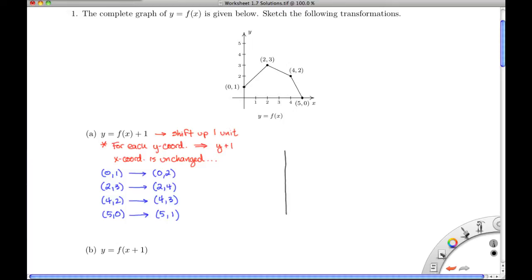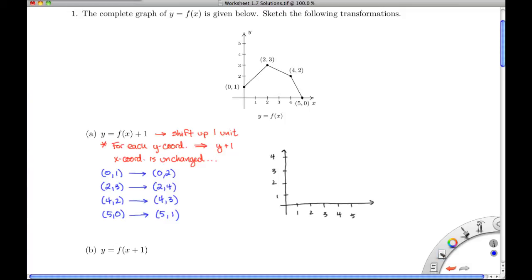So we'll go ahead and draw our axes here. We look at the range and the domain of this. We're going from 0 to 5 for the domain, and the range is going to stay between 1 and 4, so we can label our axes accordingly. So 1, 2, 3, 4, 5, and then we've got 1, 2, 3, and we really need to take it up to 4. So let's go ahead and plot these new points that we've got.